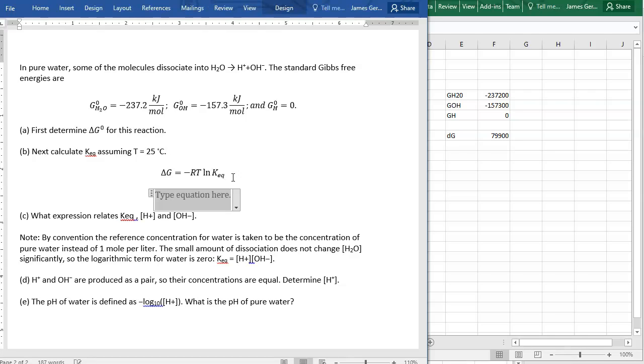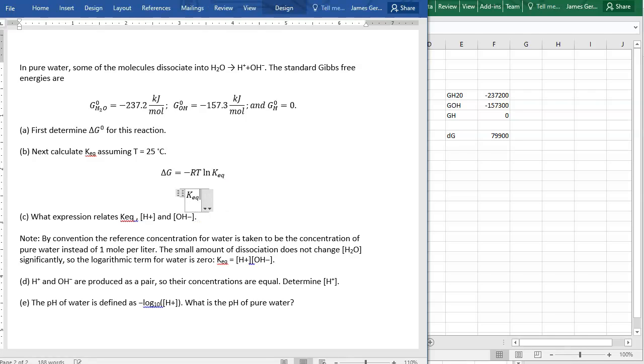So K equilibrium is e to the minus delta G over RT.